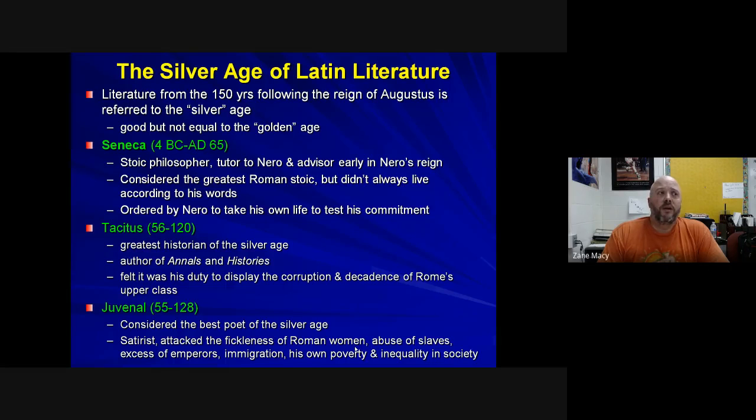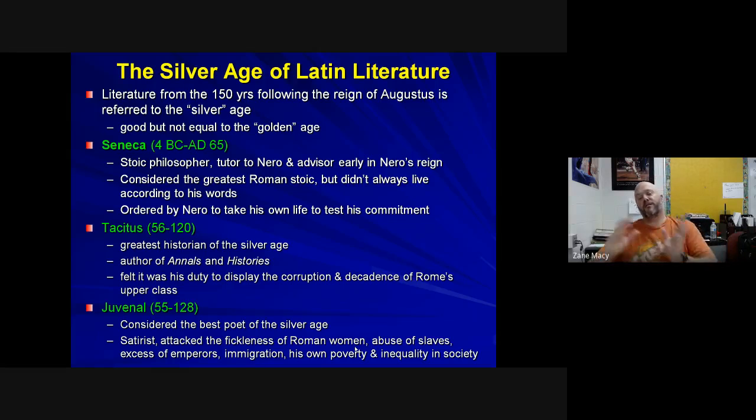Looking at Latin literature, the Golden Age would go back to the late Republic and the very early empire during the reign of Augustus.